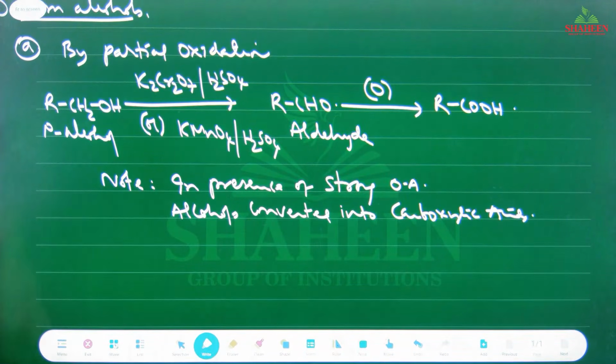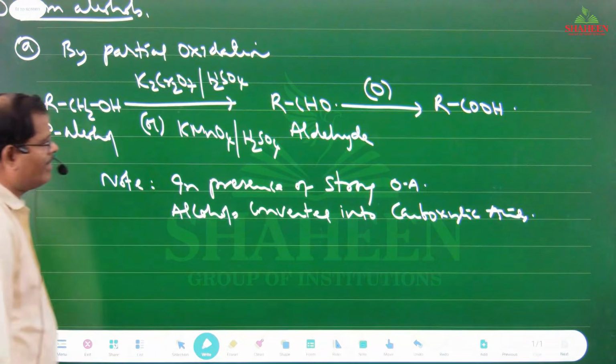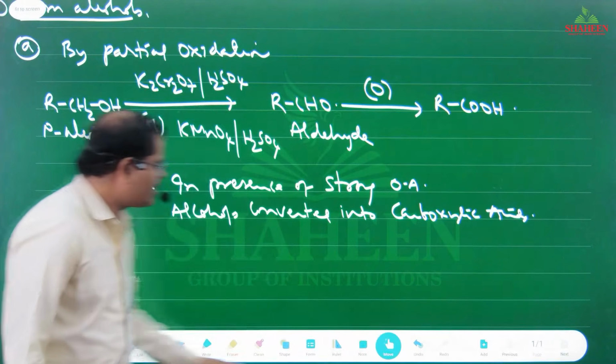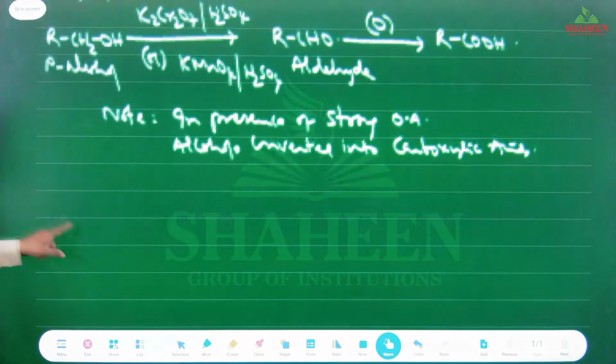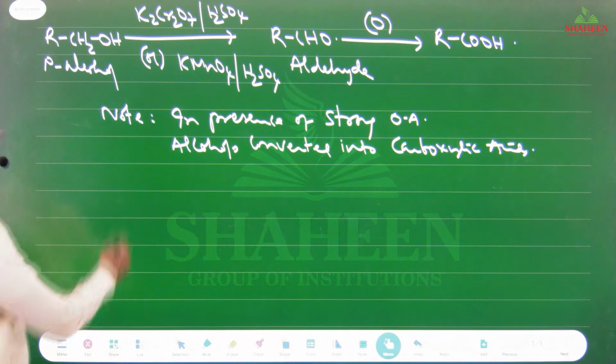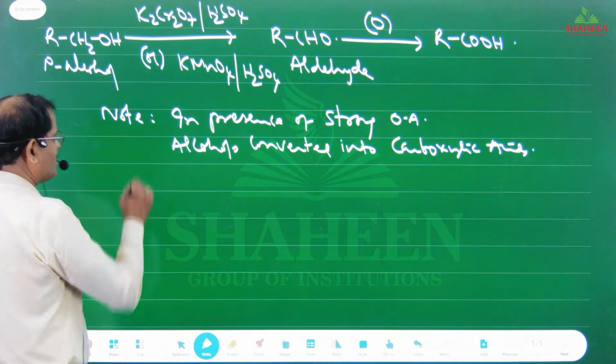We do not require the carboxylic acid; we require only aldehydes and ketones, that is carbonyl compounds. To stop the reaction at the first step, mild oxidizing agents are required.